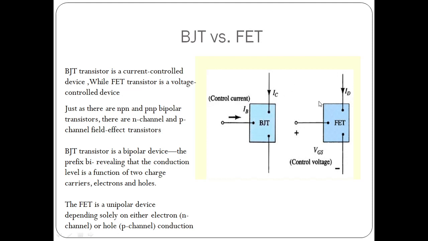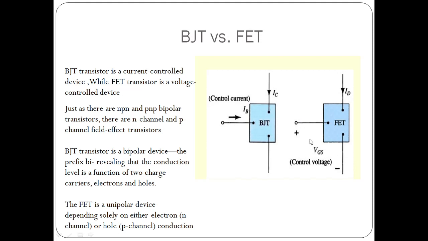Field effect transistor is also a three-terminal device: source, gate, and drain. In case of BJT, the currents are marked as collector current, base current, and emitter current. Similarly, in case of field effect transistor, the currents are marked as drain current, gate current, and source current.